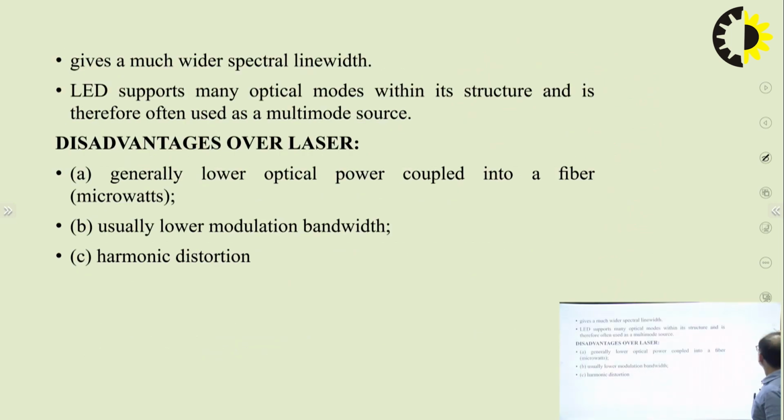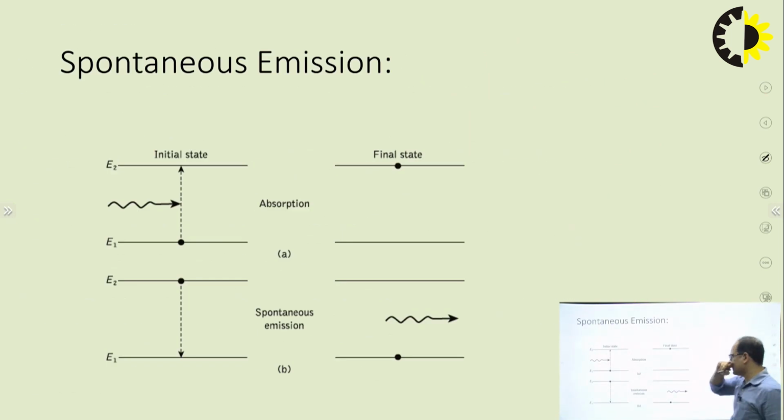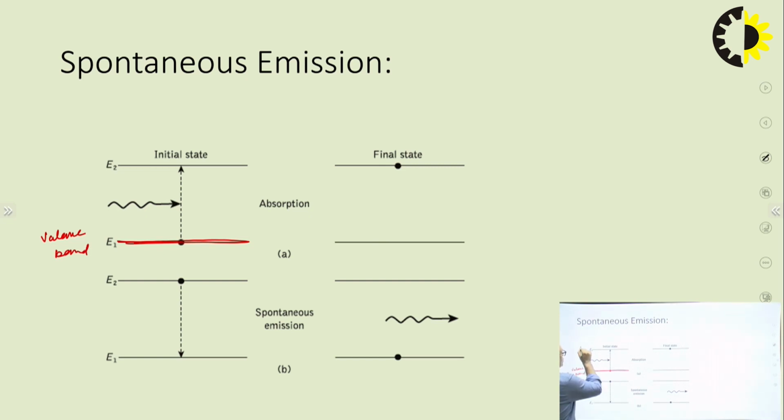You can see here this is the valence band and this one is the conduction band. When we provide energy, the electrons at the valence band move towards the higher energy state, that is the conduction band.